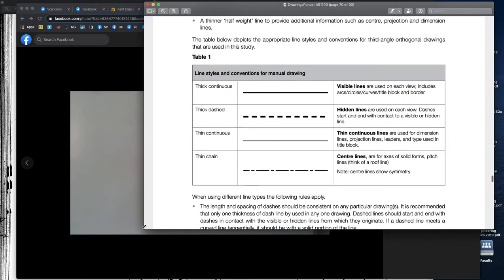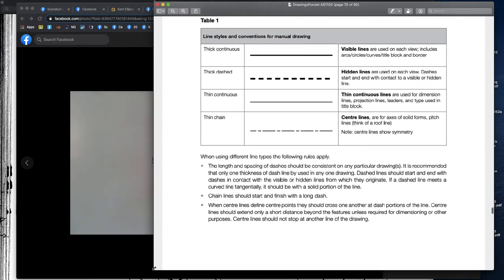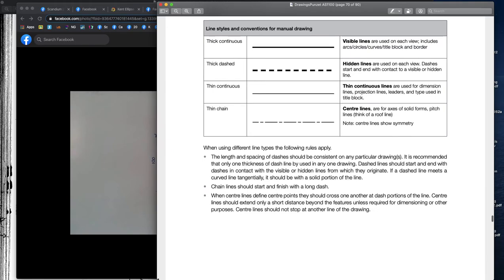If it says the word sketch, you're allowed to just freehand, but even then I would recommend that you should have set squares, and you should take them into the exam and use them. My recommendation is absolutely that you should be using set squares, because you don't know how the individual marker is going to feel about whether or not your freehanding is of adequate quality to get full marks.